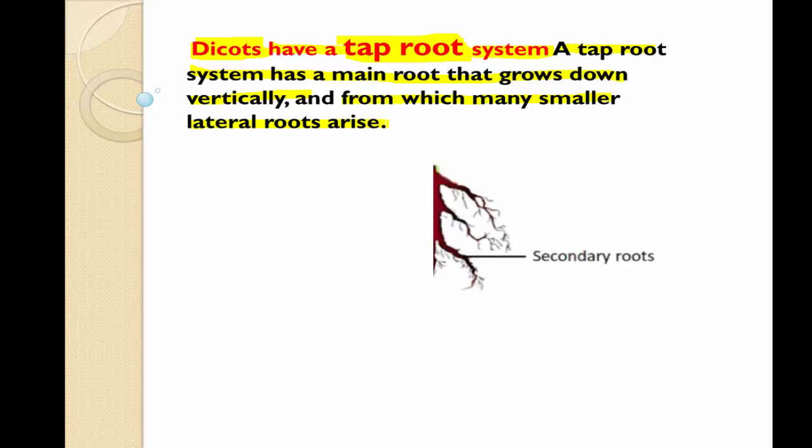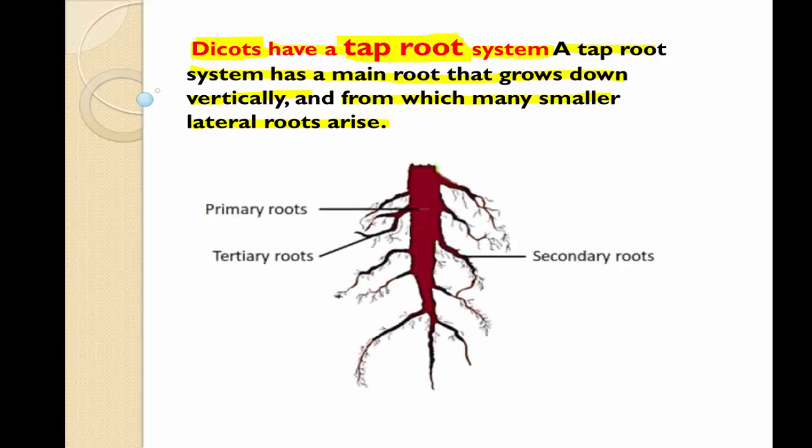So let us have a look at the image, then it will be very clear. In case of taproot system, what happens? A main thick root arises from the radicle. This is the middle and very thick root. This is called the primary root. The primary root arises from the radicle.